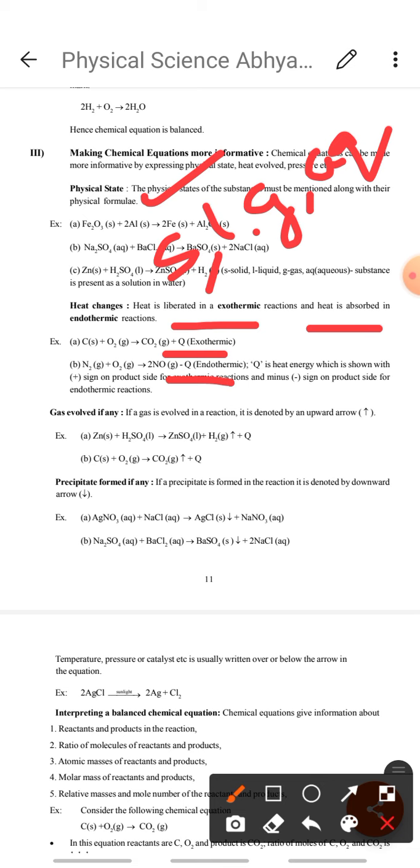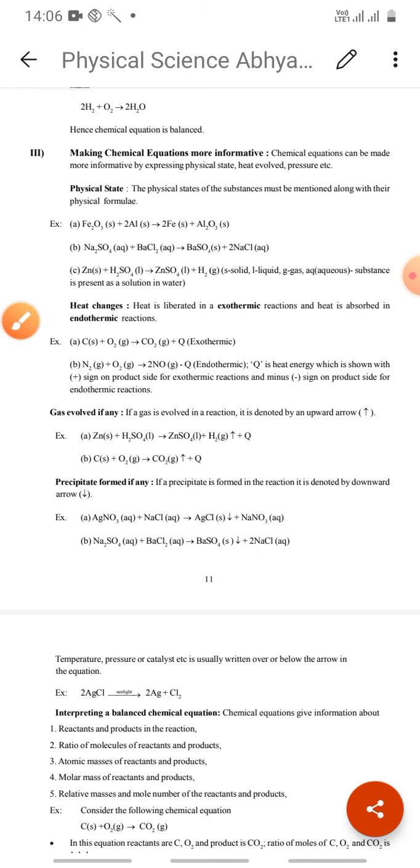Gas evolved is represented with an upward arrow. G is gas, so the upward arrow is releasing of gas. Precipitate formed. The insoluble solid formed in the solution is called precipitate, so it is represented with S and a downward arrow. Specific conditions are represented above the arrow mark.